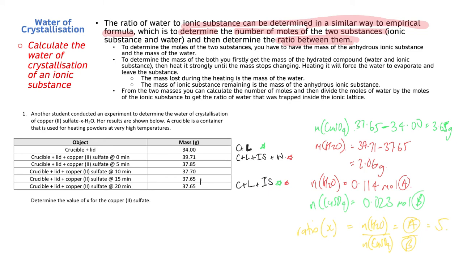Therefore, the value of X for copper sulfate is CuSO4.5H2O, with X being the 5. And that's how you would work it out from evaporation data.